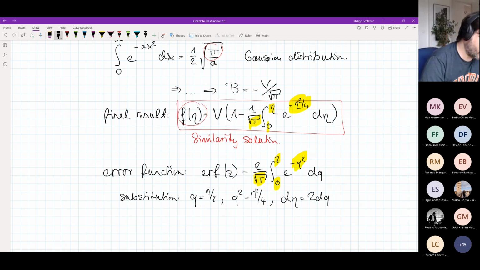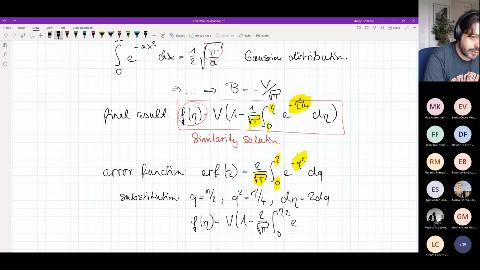And if you put all of this together, we actually get f of eta becomes v times 1 minus 2 divided by the square root of pi, the integral from 0 to eta divided by 2 of e to the minus q squared dq.